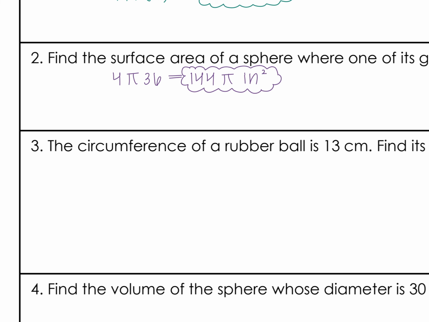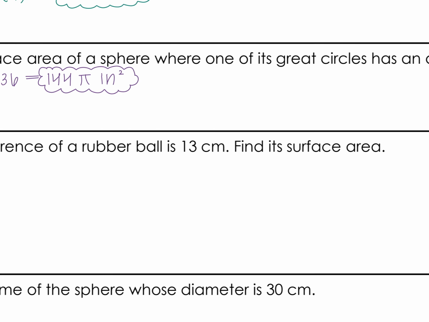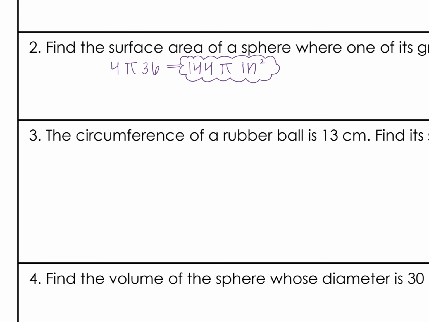In number 3 here, some people got confused in class, but the circumference of a rubber ball is 13 centimeters. Not a typo, it is 13 centimeters. We're going to find its surface area. In order to do that, we need to start off with finding our radius. Circumference is 2 pi r, which is equal to 13. So I'm going to divide both sides by 2 pi.